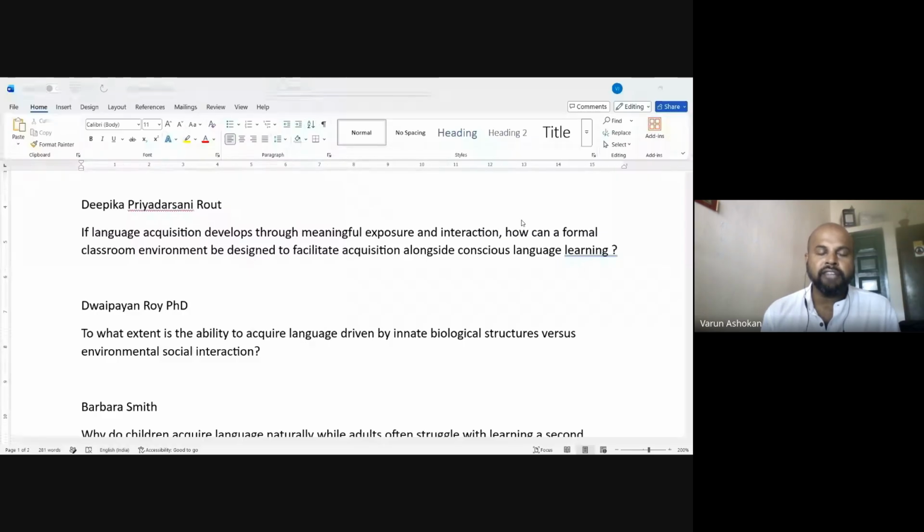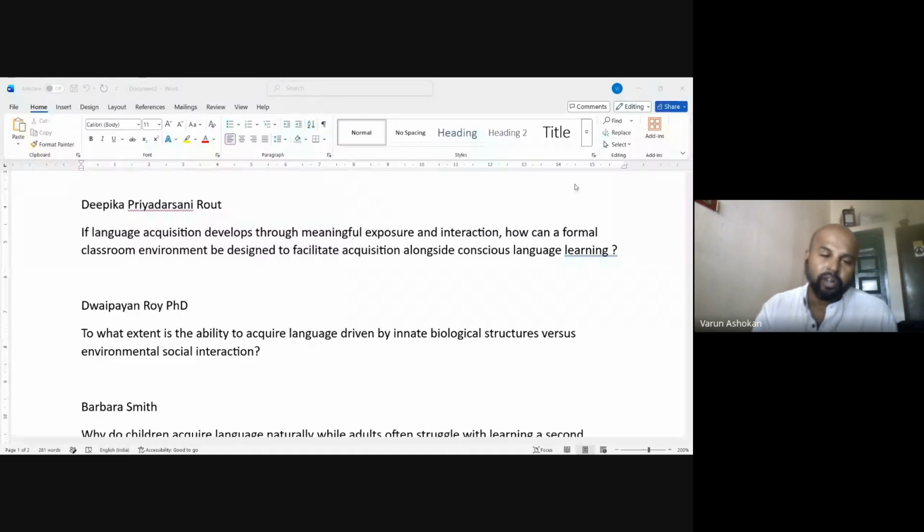The classroom should be designed in such a way that the child is free, in a low anxiety environment. The child should not be in a high anxiety environment. The child should feel free and comfortable, where even if they use wrong grammar or wrong vocabulary, we should accept it, and the child should naturally modify within the classroom environment.